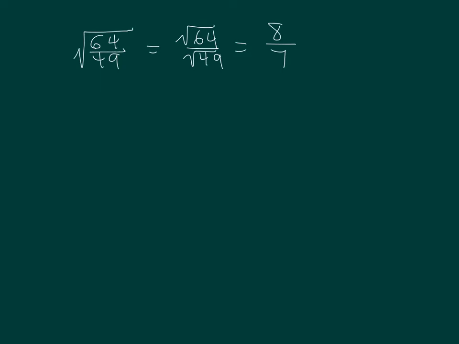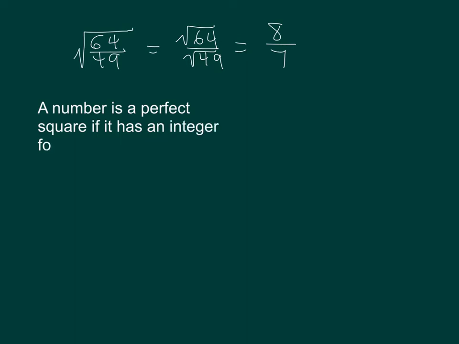Okay, so just because you see a fraction underneath the square root sign, don't go running for the calculator. Look to see if the top and the bottom are what we call perfect squares, if they have a square root that is an integer. Okay, so let's add that definition: a number is a perfect square if it has an integer for its square root.